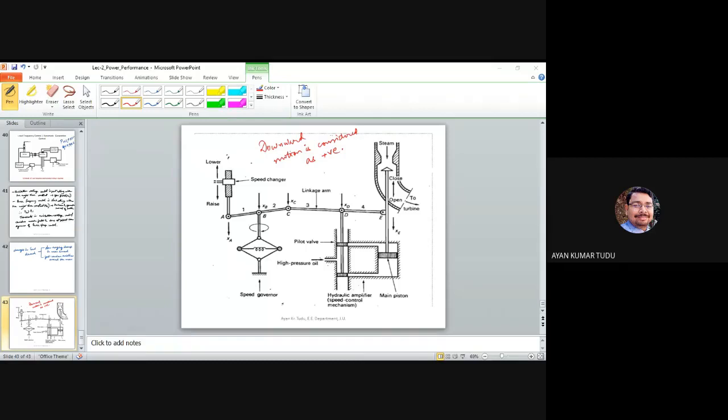As point D goes up, oil will be flowing into this hydraulic chamber. If oil is flowing into this hydraulic chamber, then the steam valve, that is our linkage point E, will be moving downwards.